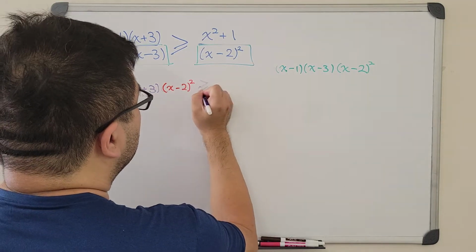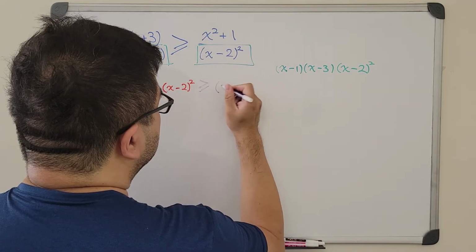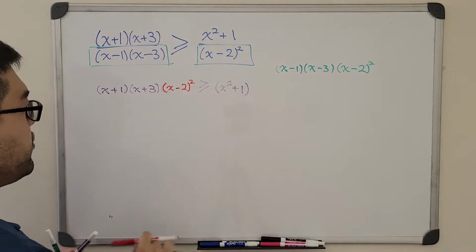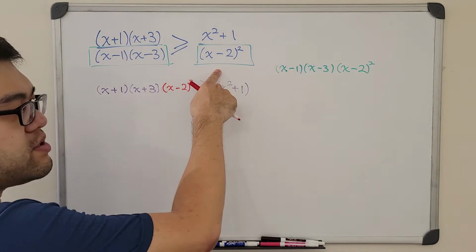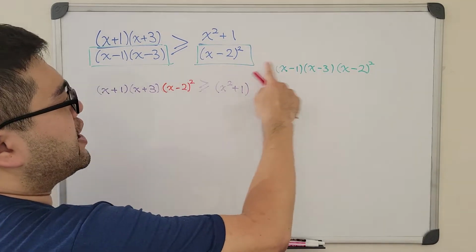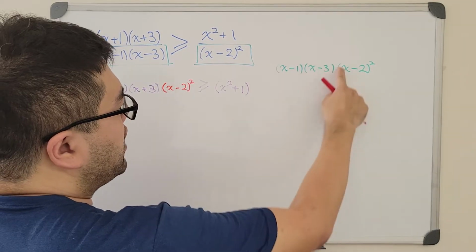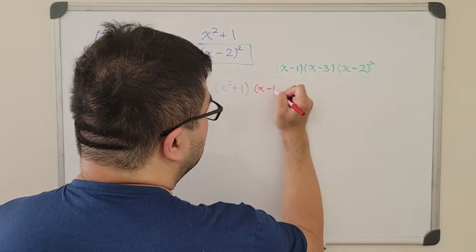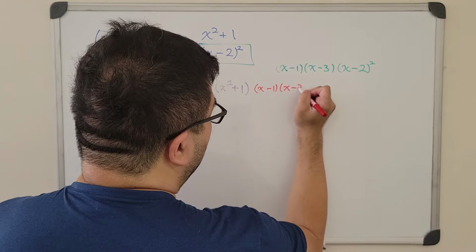Of course, we still have the numerator part, x squared plus 1. Then we see that the (x minus 2) quantity squared will be cancelled out, so that we have (x minus 1)(x minus 3) remaining. Meaning we are now going to have this.